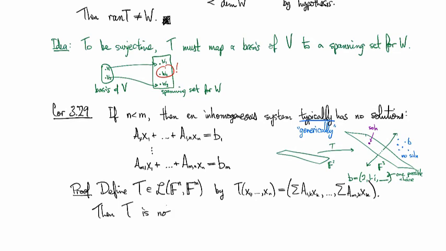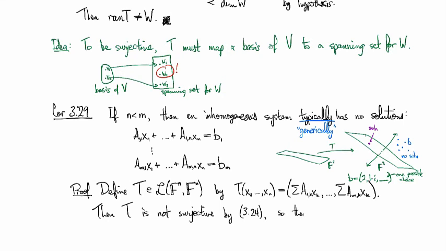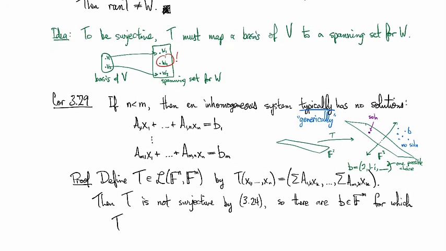Then T is not surjective by 324. So there's elements of the codomain for which the equation Tx equals B has no solutions, cannot be solved.